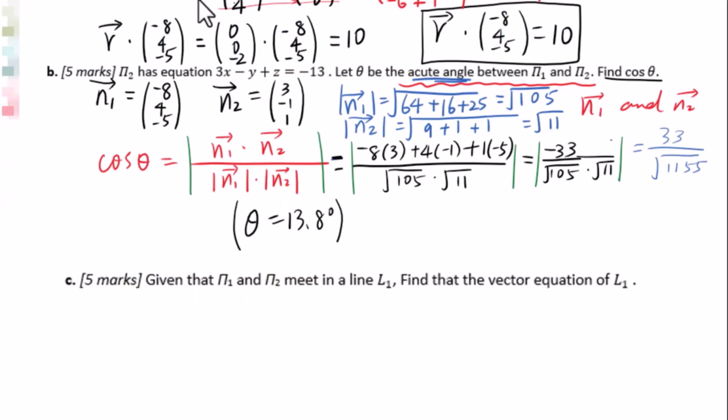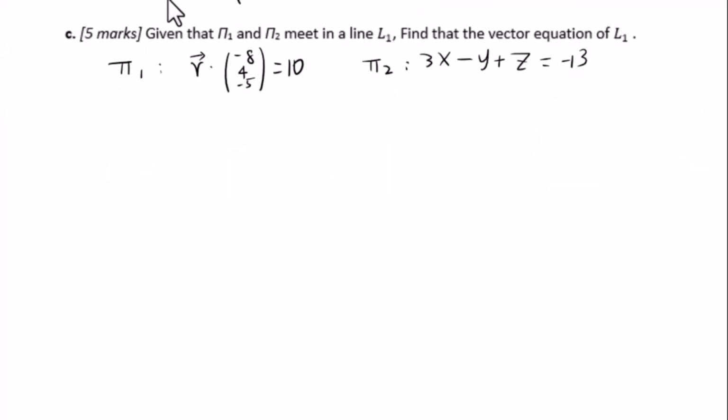Let's go to C. Given that pi 1 and pi 2 meet in a line L1, find the vector equation of L1. We will change pi 1 into Cartesian form: negative 8x plus 4y minus 5z equals 10. Then we try to solve this system of equations with 3x minus y plus z equals negative 13.